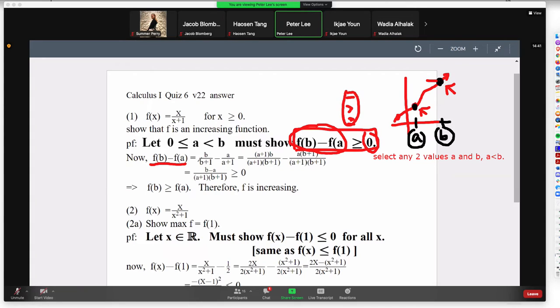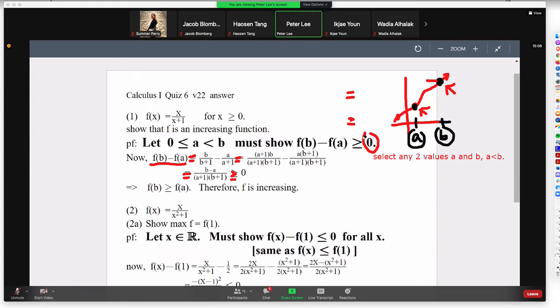If you look at this here, we have an equal sign, an equal sign, an equal sign, another equal sign, and then at the end, we have this greater or equal to sign. So at the end, we have shown that f of b minus f of a is greater or equal to 0.